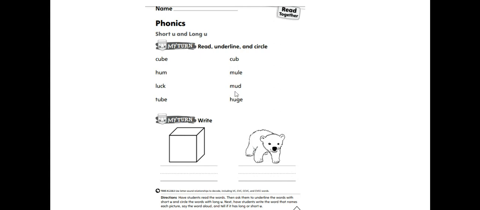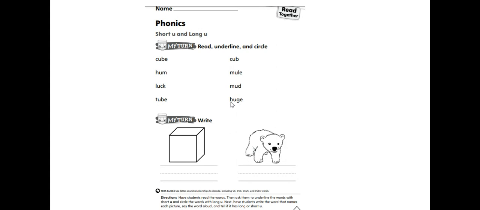Mud. Mud. The next word has a silent E at the end. There's the magic E, making the U say the long U sound. And the last word has an E at the end, so we know it's going to have the long U sound.